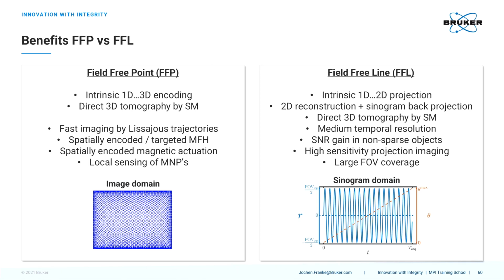All right. To make a final summary, field-free point versus field-free line. The field-free point is an intrinsic 1D to 3D encoding, due to the fact that it is a point. We can directly reconstruct up to 3D tomographic images by using system matrices. We can do line reconstructions by using the time series as well.